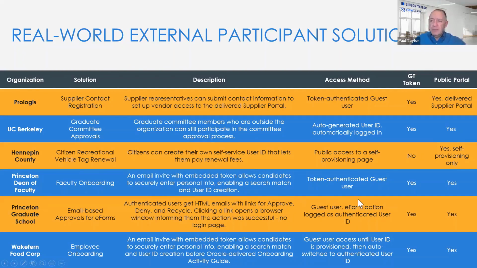It goes right in an encrypted page, but they never have to have a user ID. They just get an invitation that's token authenticated to provide that information. So lots of approaches, and our tools have been really helpful to be able to create custom solutions to extend PeopleSoft functionality to external participants.